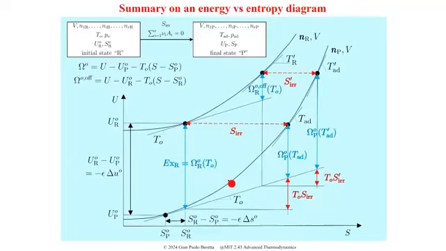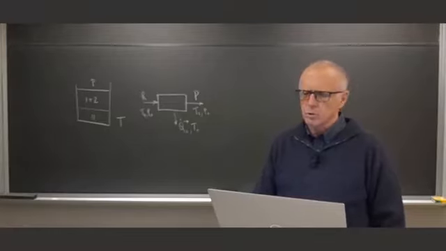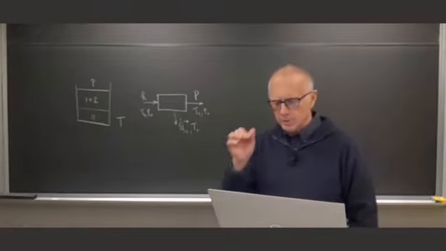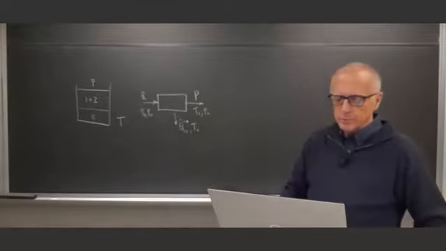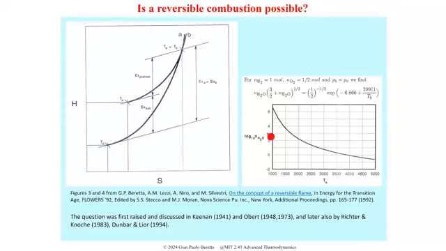And the last observation is the following: could we keep preheating and so get closer and closer? The question is, is it possible to go to an extreme in which these two curves, the one of the reactants and the one of the products, touch each other?